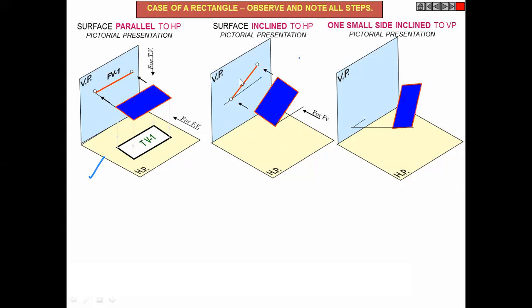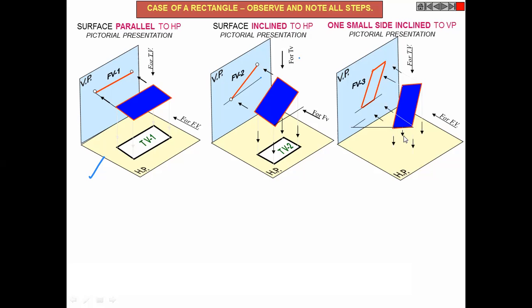Here the front view will again be an inclined line, and the top view will be some closed geometry, but it won't be true shape. Correct? Because it is inclined. Here the front view will have some shape, but it is inclined, so it won't be true shape. And here, this is inclined to both the planes actually.